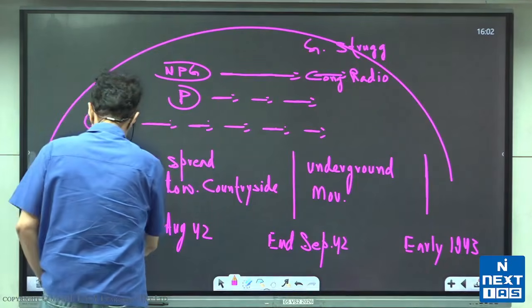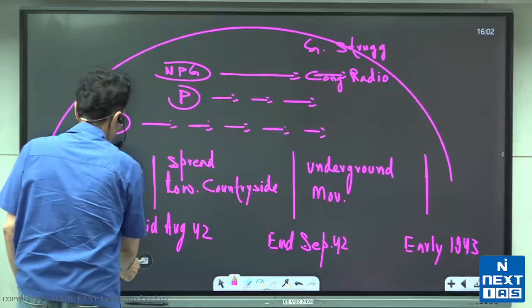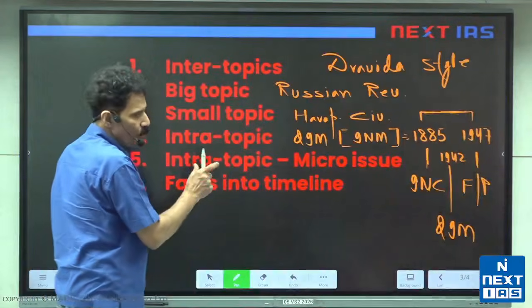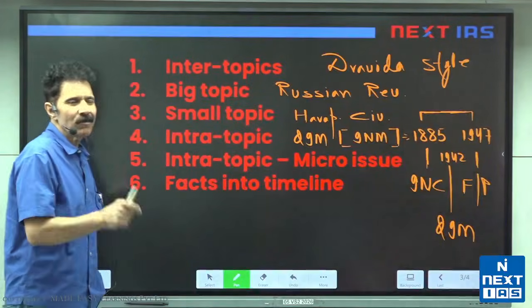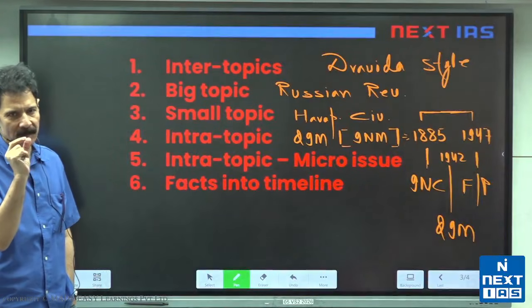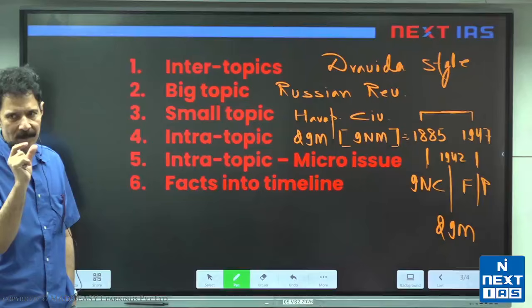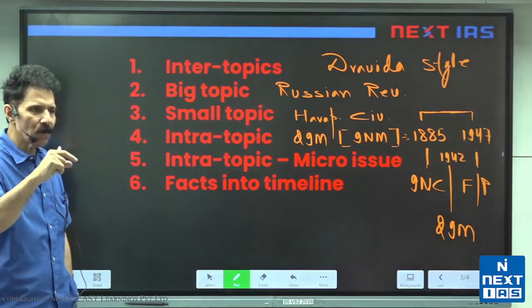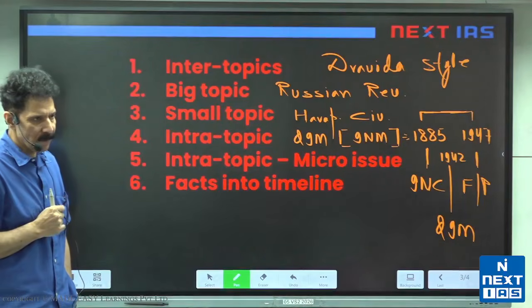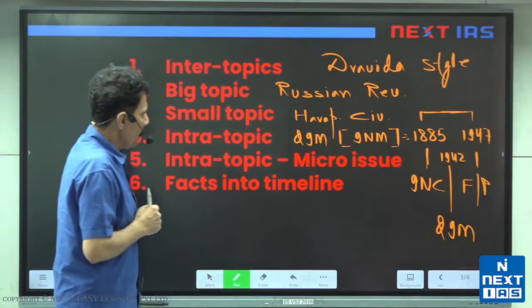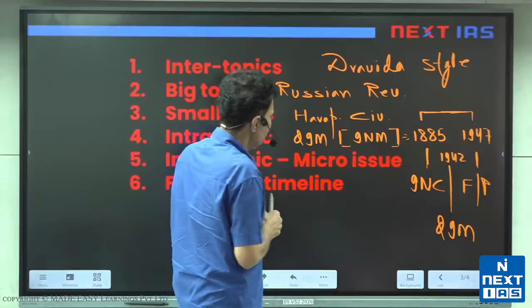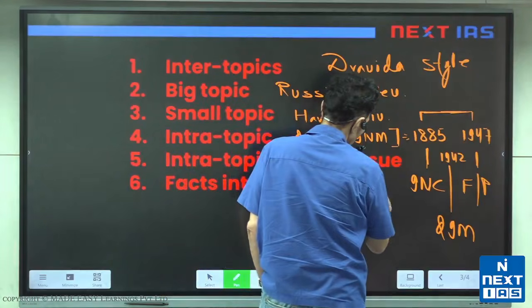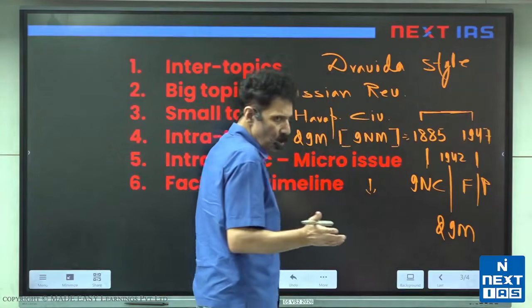But under intra-topic, one more I have presented, that is micro issue. That is a very small issue that could be there within a topic, but that could also be covered through a timeline. One topic you normally study, a popular one.